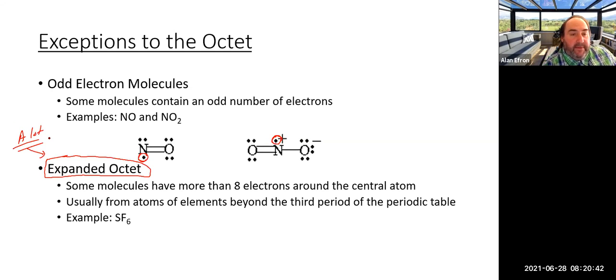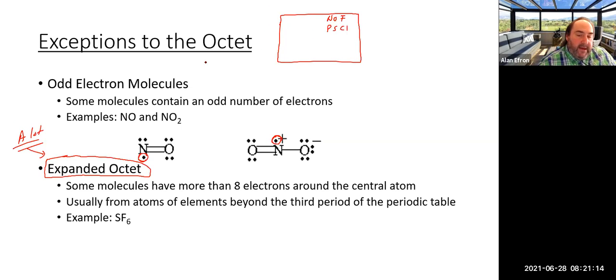Who has the ability to do that? Well, if you look at the periodic table, there's a location where we see situations where the expanded octet can definitely occur. Just going to draw a little periodic table there. Right around, we've got N, O, F and P, S, Cl.